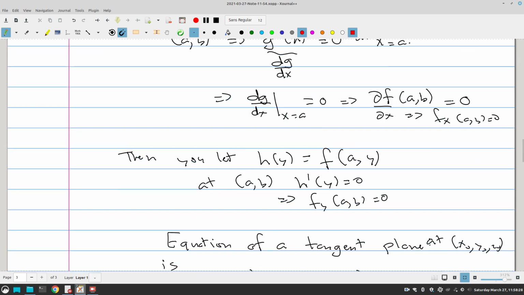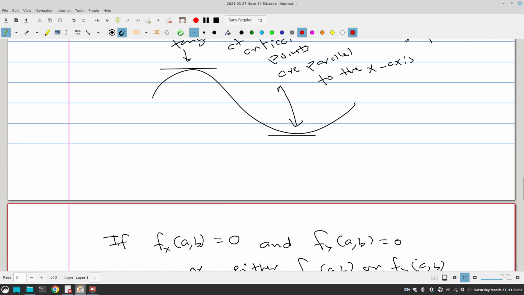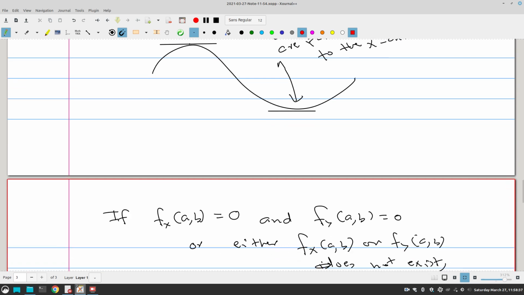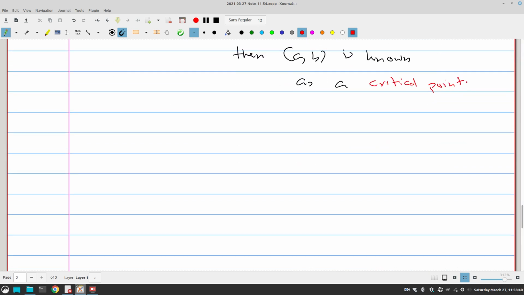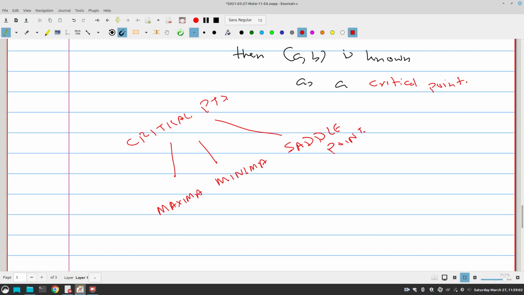Now, if it's a maximum or minimum, then it's a critical point, right? So in multivariable calculus, critical points could be maxima, they could be minima, and you can have something called a saddle point, which we will come to later, right? So a critical point can be a maxima or a minima or a saddle point.